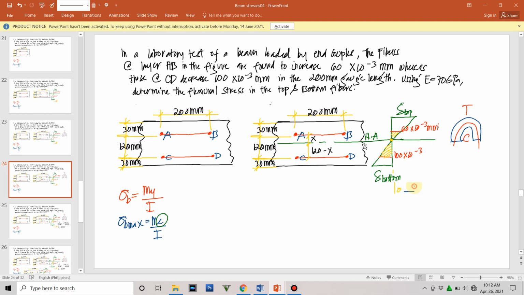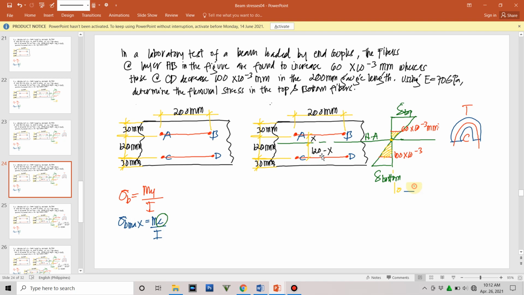So we still do not know the value of x at the top. x here is referred from the neutral axis, or the common vertex of the upper and lower triangle. So we denote that by x. Okay? So the one at the bottom is 120 minus x.